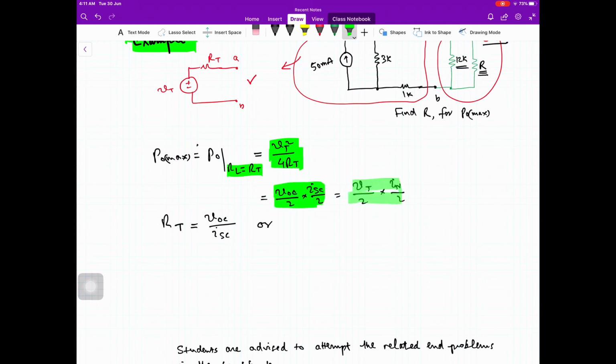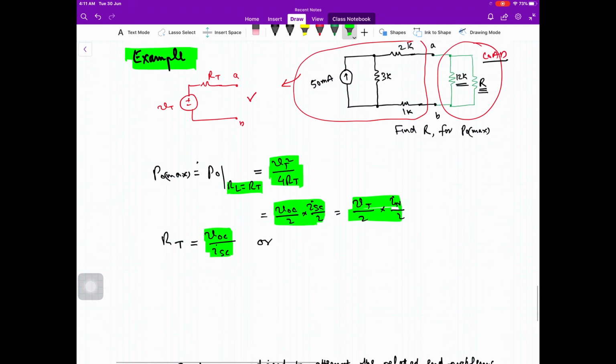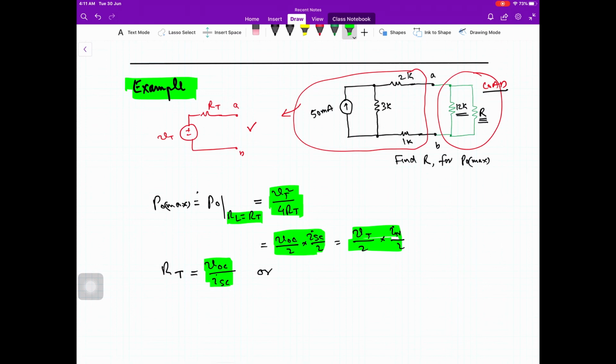Just as a reminder, RT is V open circuit divided by I short circuit. Remember, we can also find RT by open circuit voltage and short circuit current, or by circuit reduction methods.